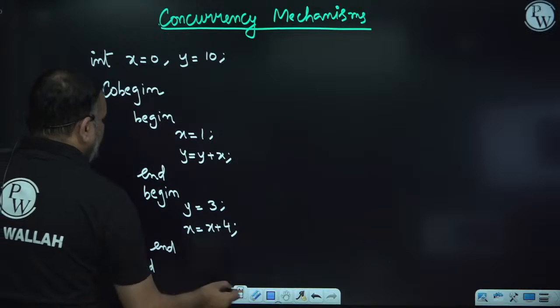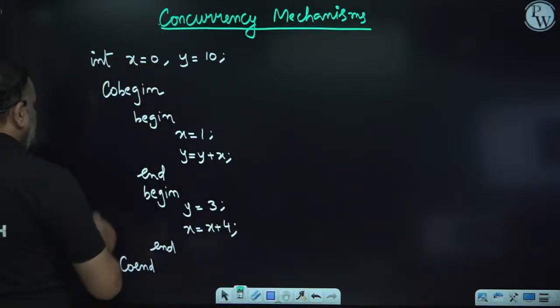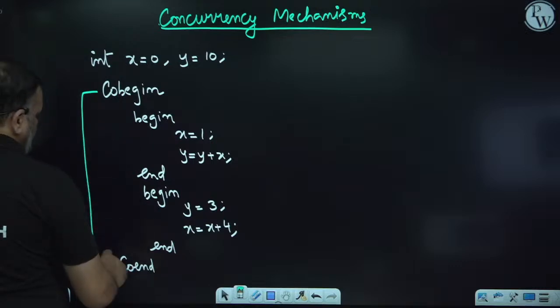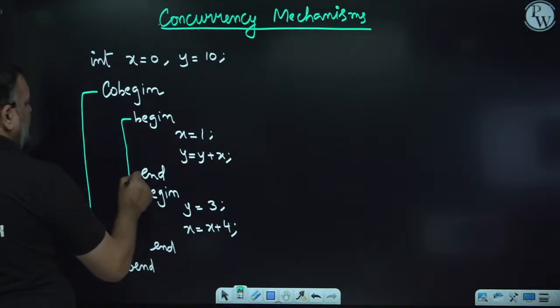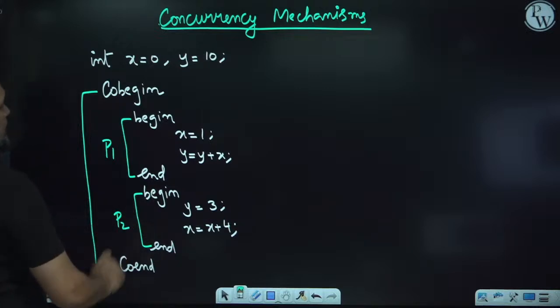Cobegin and coend mean concurrent begin and concurrent end. So this is called the concurrent block, and within the concurrent block I have two sequential blocks. You can name these process P1 and process P2.